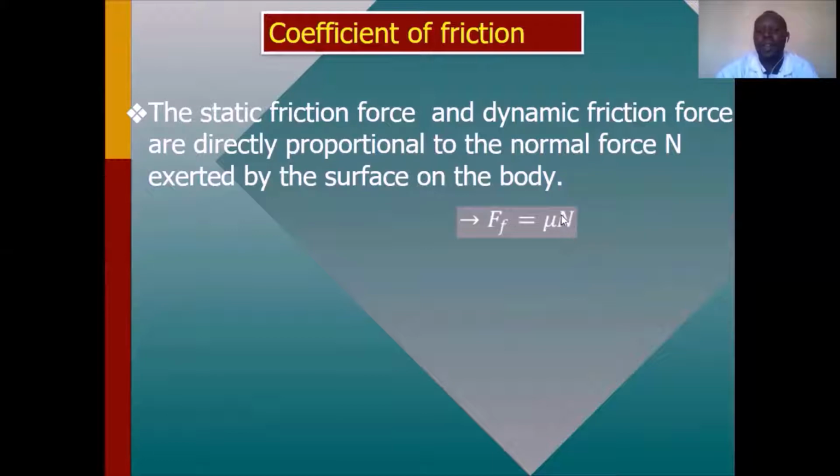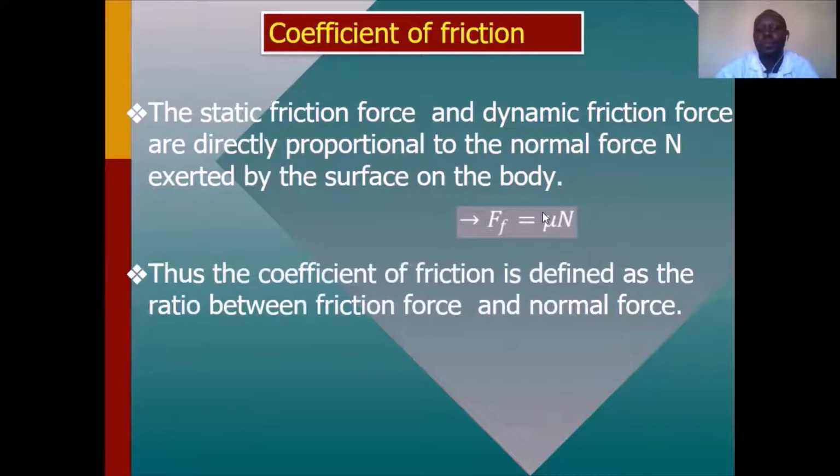And the coefficient of proportionality is the coefficient mu, called coefficient of friction. Thus, the coefficient of friction is defined as the ratio between friction force and the normal force.